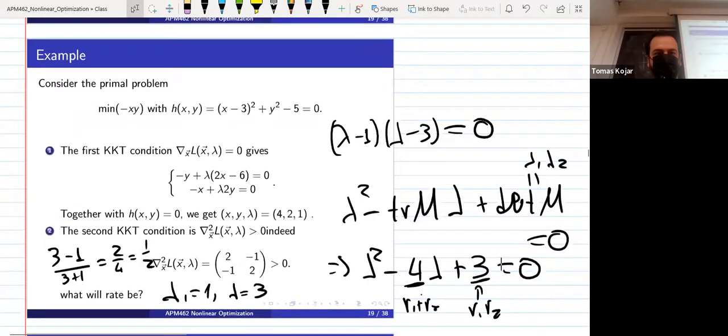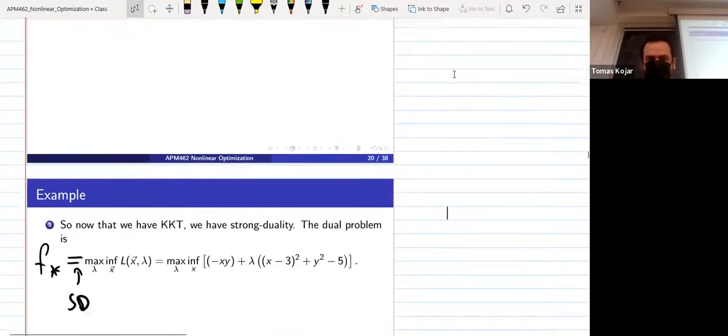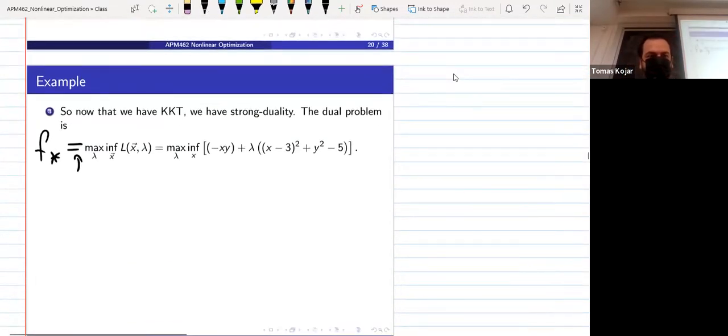So we found the point, it was 4, 2. And the value was -8, right? Yeah. So I'm supposed to get a moment of truth that the dual over here will equal -8 by strong duality, f star, which is -8.